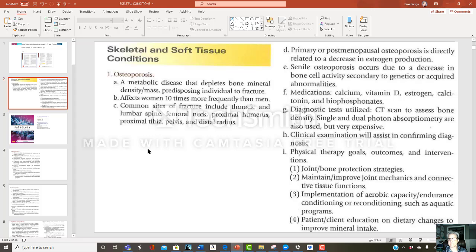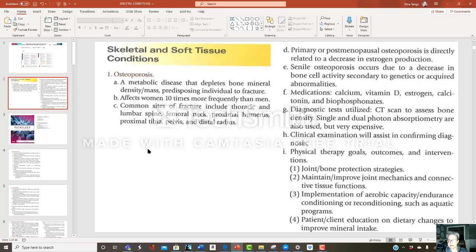Primary or postmenopausal osteoporosis is directly related to a decrease in estrogen production. Senile osteoporosis occurs due to a decrease in bone cell activity secondary to genetics or acquired abnormalities.